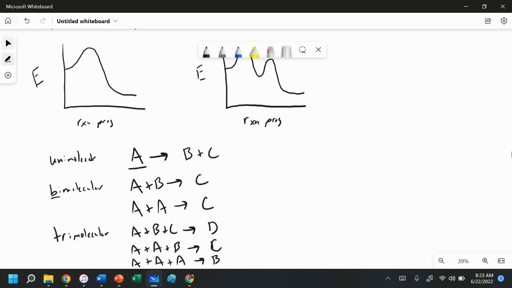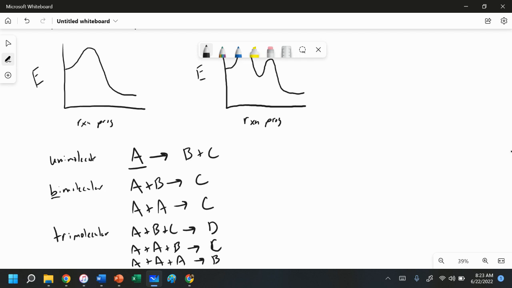Another important part about elementary reactions is that the coefficients of the reactants are the exponents or orders in the rate law for a particular elementary reaction. In the past, we've talked about how the exponents are not the coefficients in the chemical reaction, and that's in a multi-step reaction. But when it comes to an elementary reaction, the orders are indeed the coefficients from the elementary reaction.